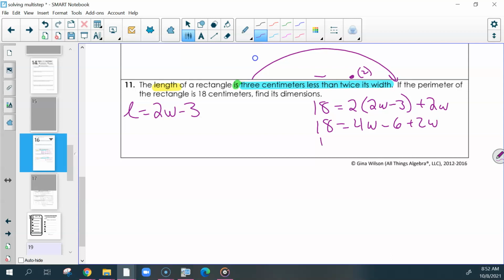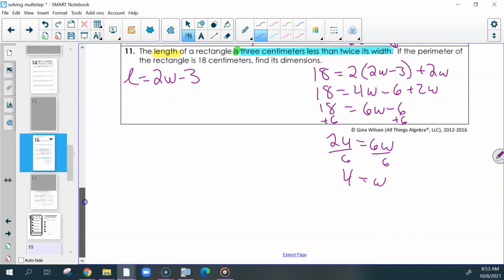Combine our like terms. And now we can solve for w by adding 6 to both sides, and dividing by 6. So we know that our w is 4.